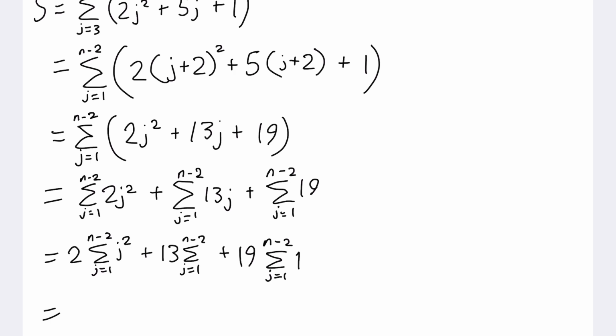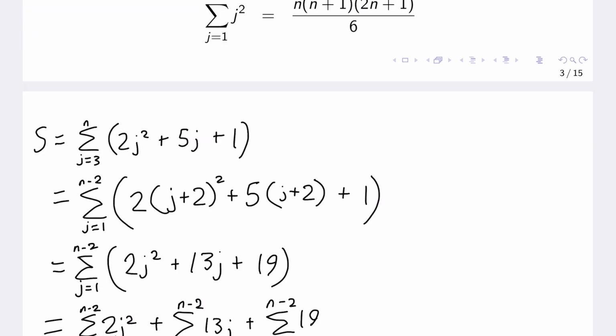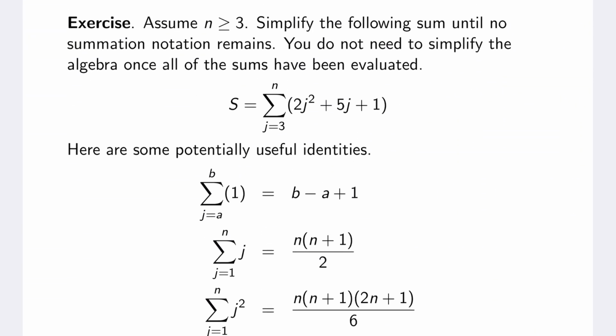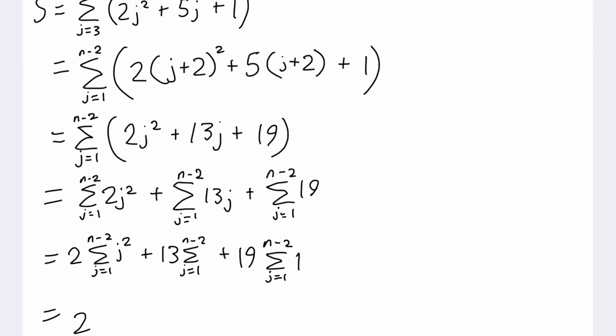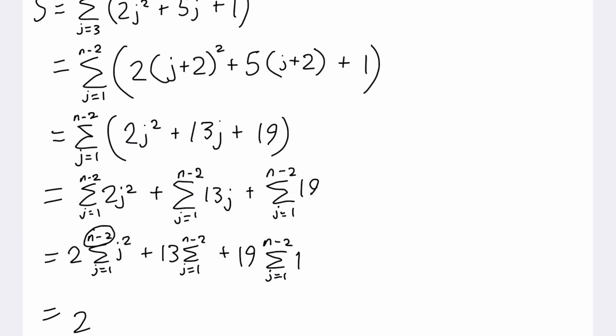And now we're at the point where we can actually use those summation identities we talked about earlier. So 2, we keep the constant multiple. And then I check the summation identities that I'm so graciously given. We're going to use this one. But a word of caution is that these are used for counting up to a variable n, but we're counting up to n minus 2.